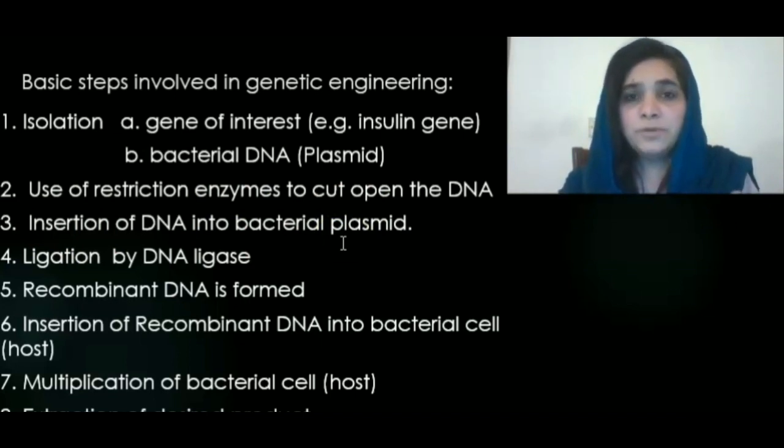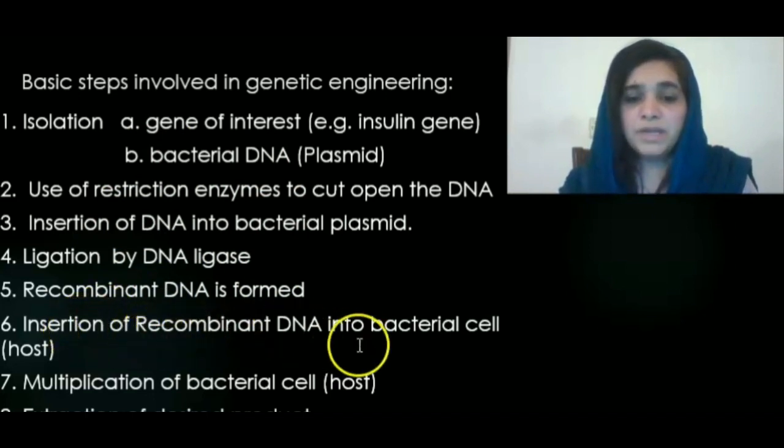After you insert, you have to join them. Joining of two different DNA is known as ligation, and this process takes place with the help of an enzyme known as DNA ligase. Once two different DNA join with each other, recombinant DNA is formed.